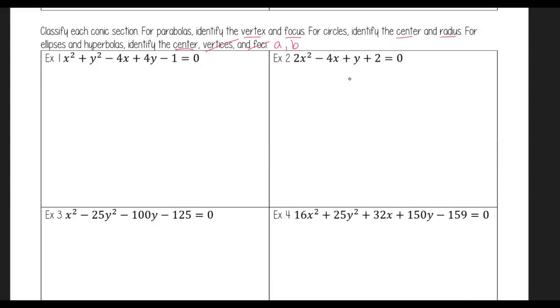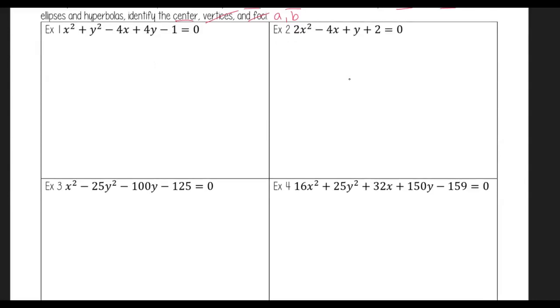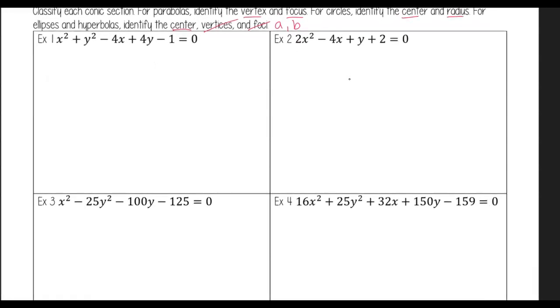So first, before we find all these attributes, let's look and see what types of equations we're looking at. In example 1, what type of shape is this going to form? Yes, Lauren, exactly. This is a circle. What about 2?